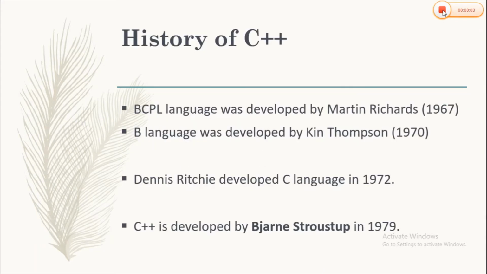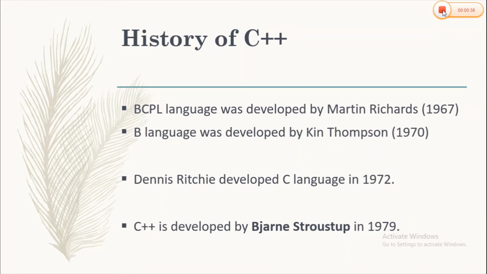It would be nice to have a brief knowledge of C++. C++ was developed by Bjarne Stroustrup in 1979. Before the development of C++, there were 3 stages of its development. First, the language BCPL was developed, then the B language, and then the C language. BCPL was developed by Martin Richards in 1967.